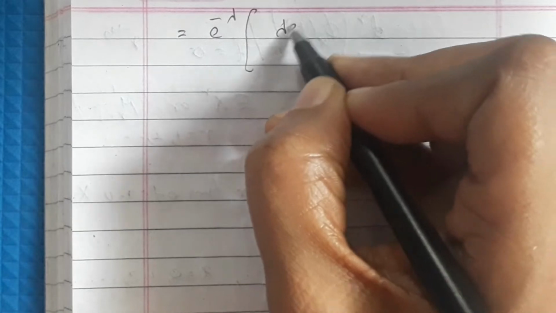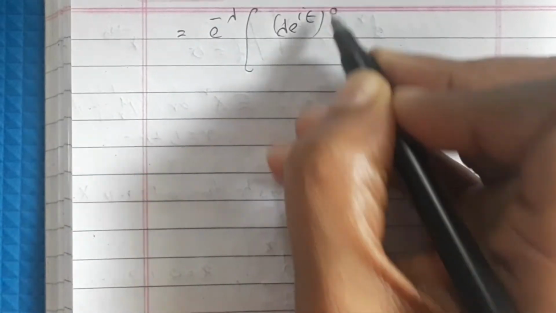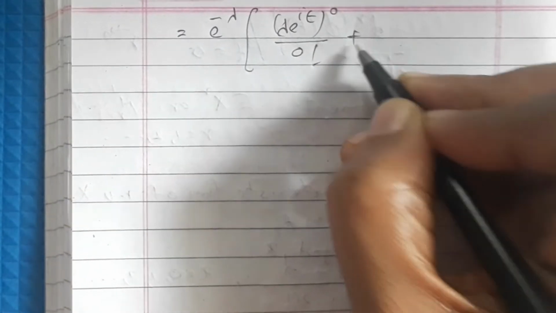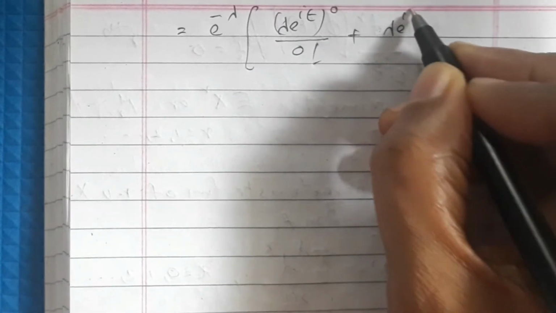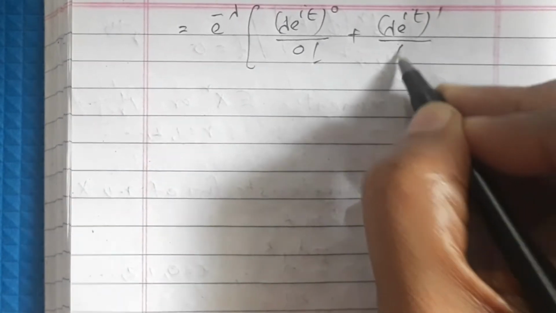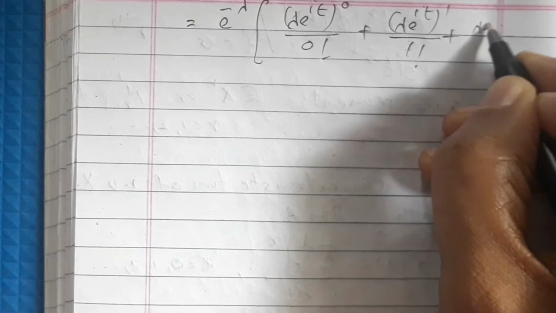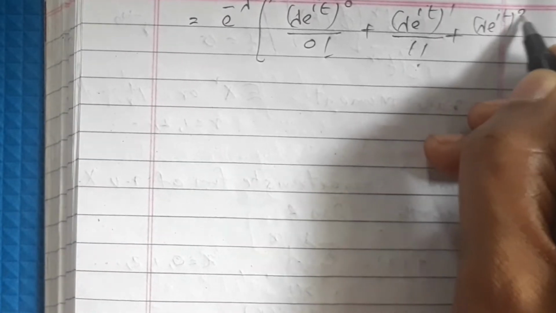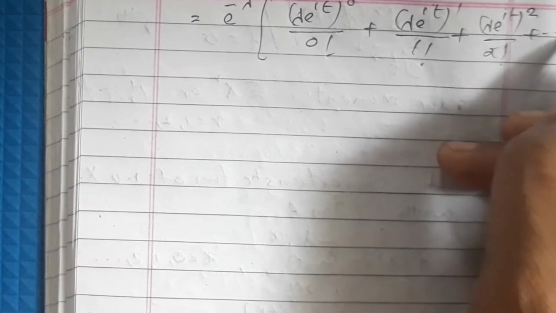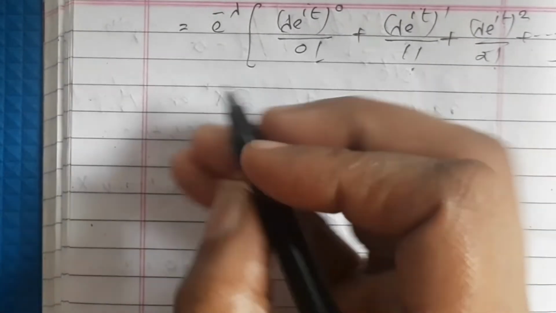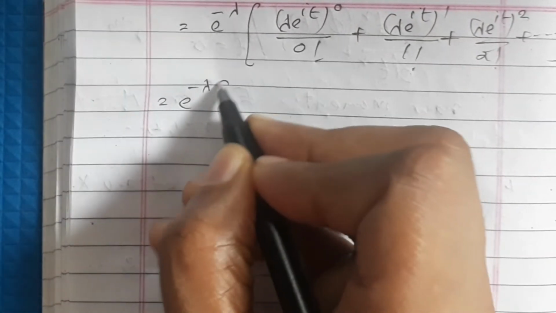So lambda e raised to I t all raised to 0 by 0 factorial plus lambda e raised to I t all raised to 1 by 1 factorial plus lambda e raised to I t all raised to 2 by 2 factorial plus etc.